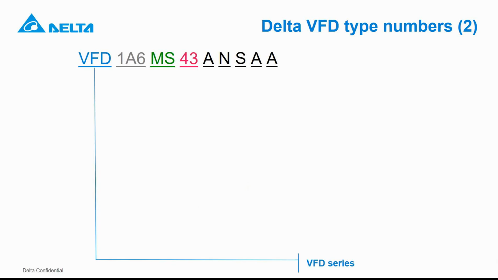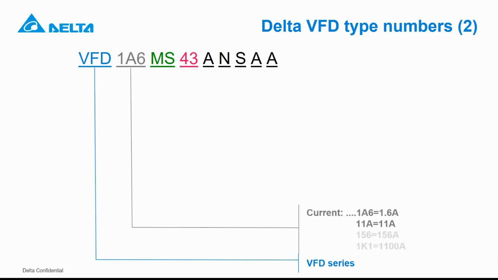So the type number is more or less similar to the previous one. You have the VFD for variable frequency drive, then the current instead of the power, then the drive series.